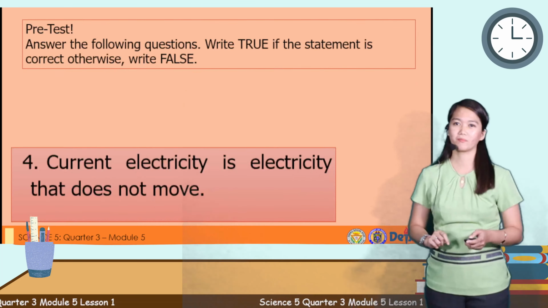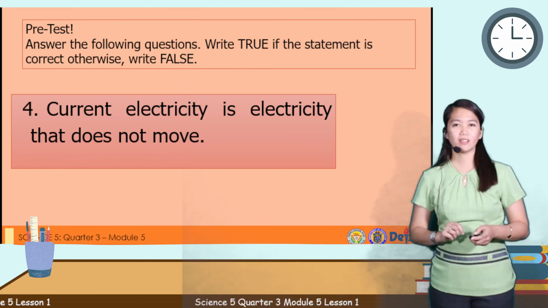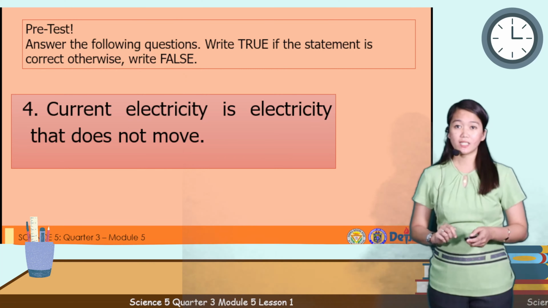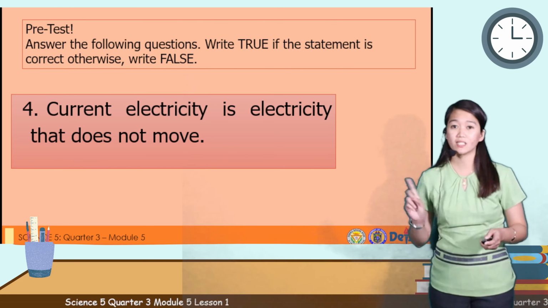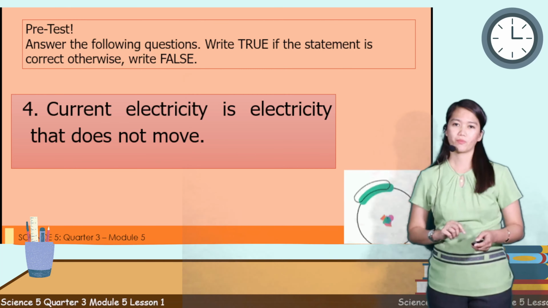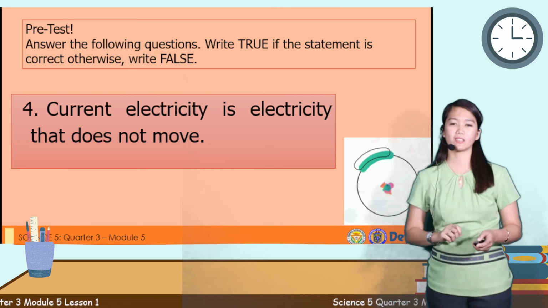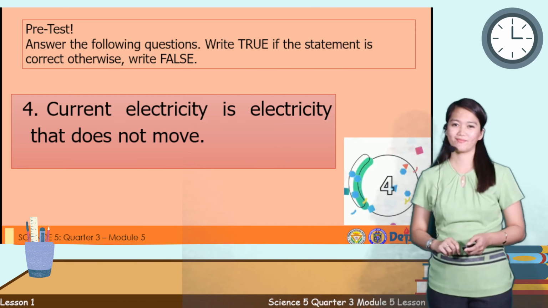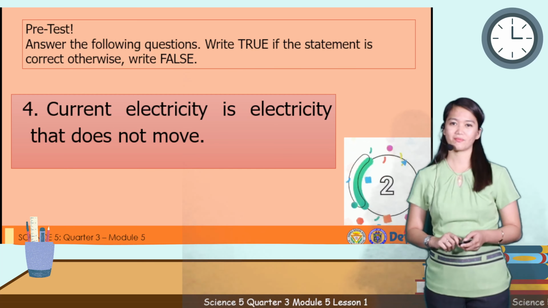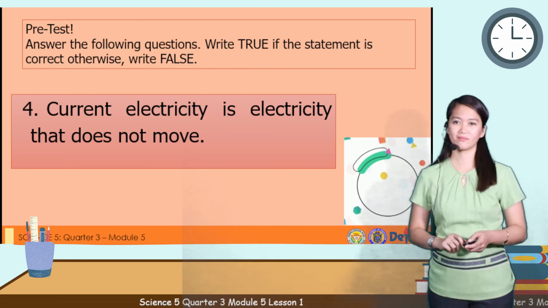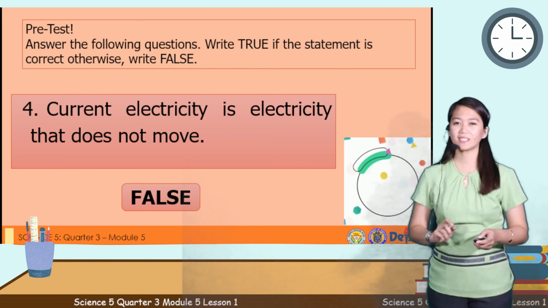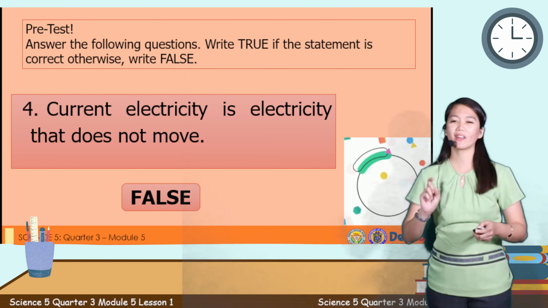Number 4. Current electricity is electricity that does not move. Your time starts now. If your answer is false, then you are correct.